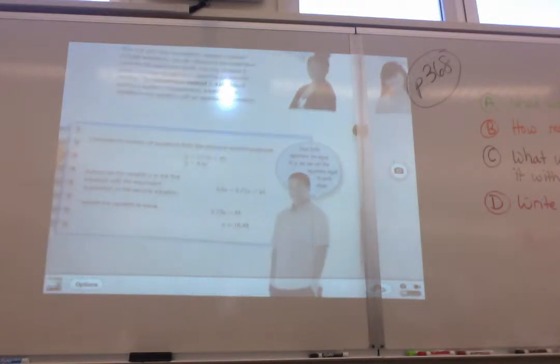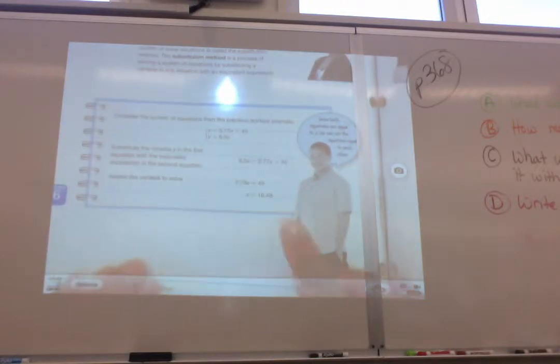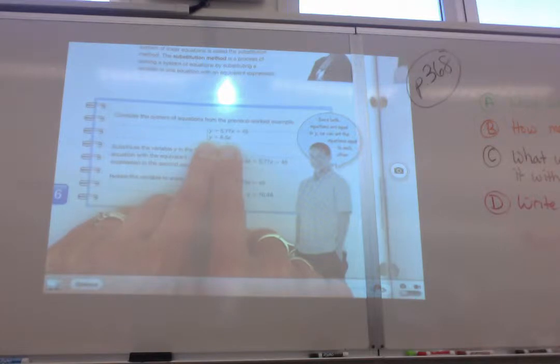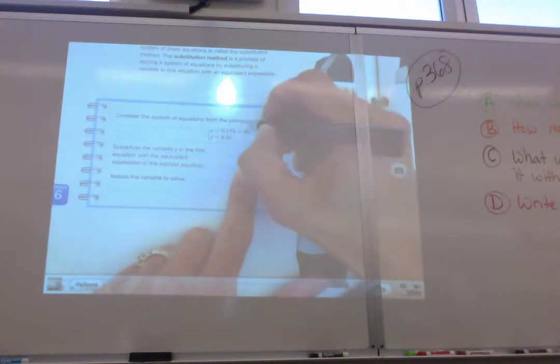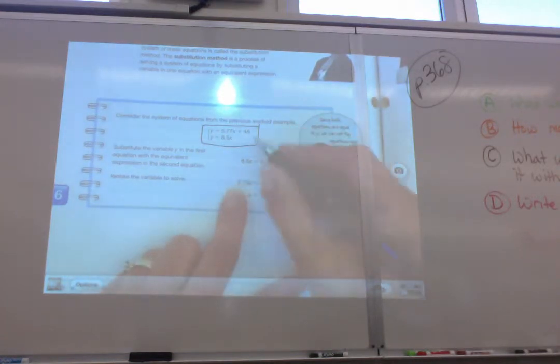Take a look at this. Notebook, bottom of page 370. There's our two transformed functions. What do they do to the two transformed functions? Take a look at the two functions. What's different right here? What have they done?